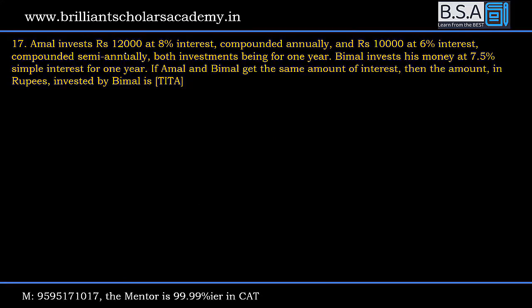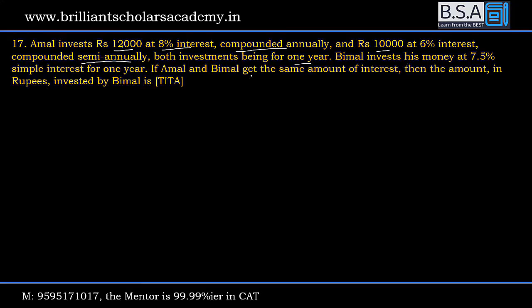Amal invests 12,000 at 8% interest compounded annually and 10,000 at 6% interest compounded semi-annually, both investments being for 1 year. Bimal invests his money at 7.5% simple interest for 1 year.